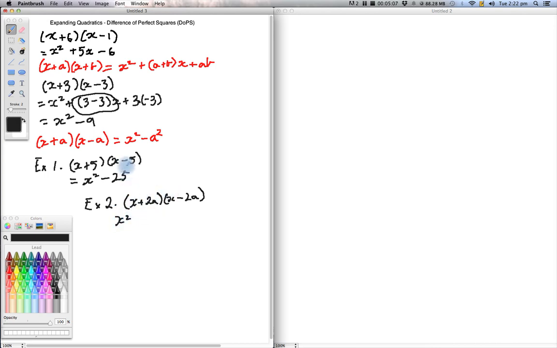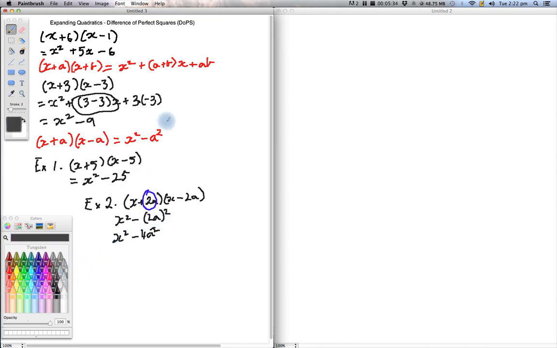Now minus 2a squared. That gives 2a squared is 4a squared. So whatever this term is, squared is that second term.